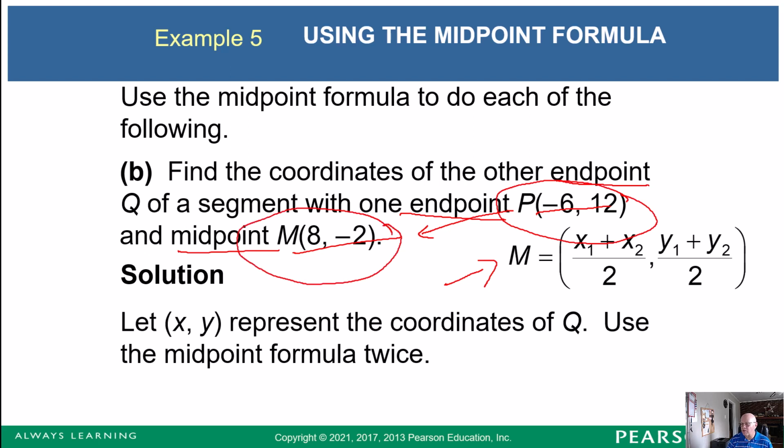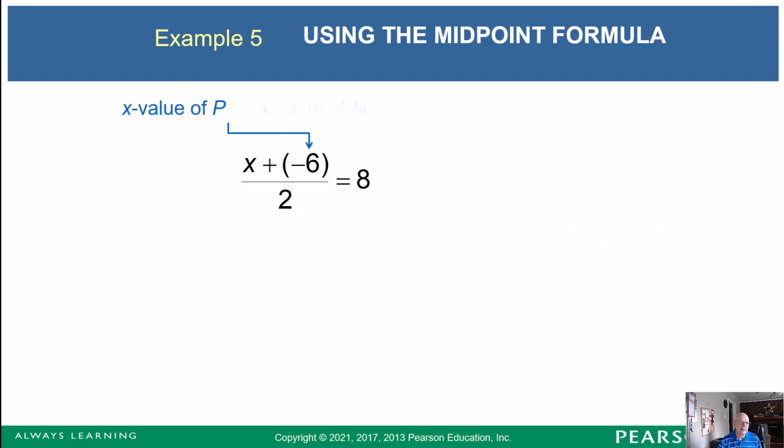You're missing the first point. So start with this, put the part of this you know, let's call that negative 6, 12. We'll call that x sub 1, y sub 1, and then you can figure out what x sub 2 and y sub 2 are.